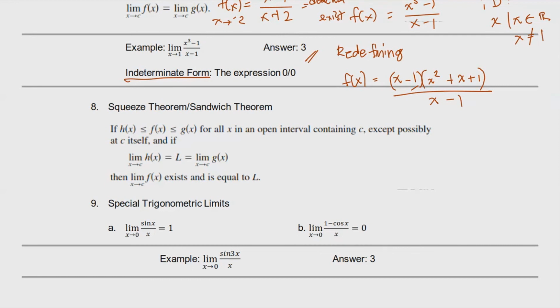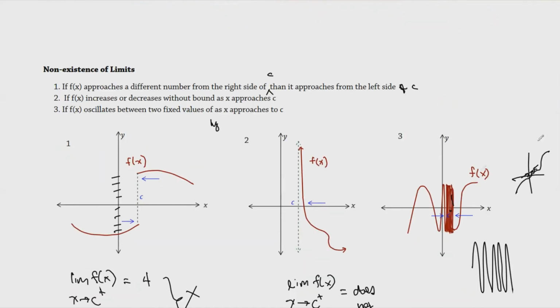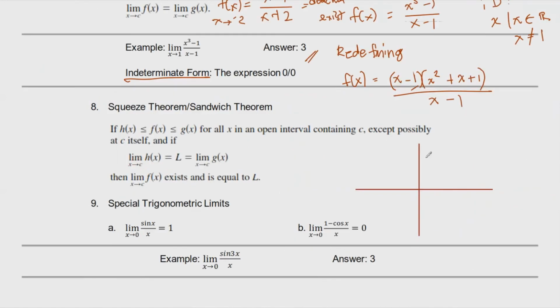When we talk about this theorem, remember we've mentioned these kinds of limits that do not exist, the oscillating ones, or functions that oscillate between two fixed values. Now let's consider such a kind of function to express this squeeze theorem.